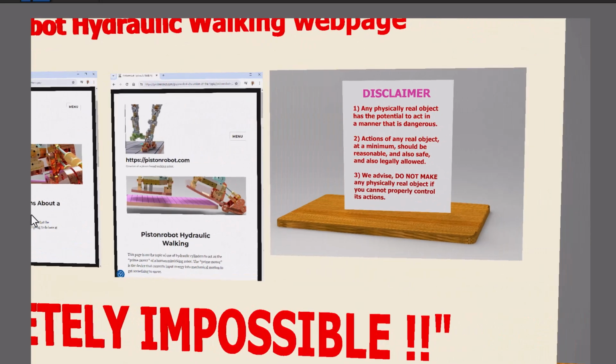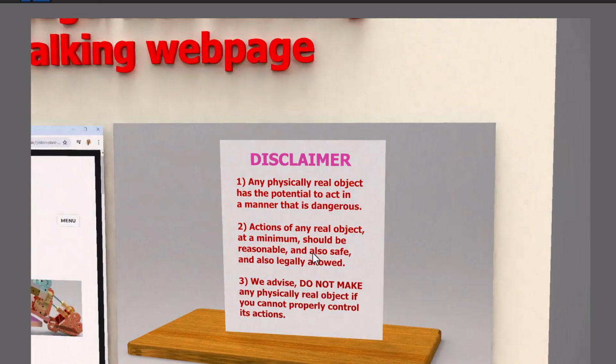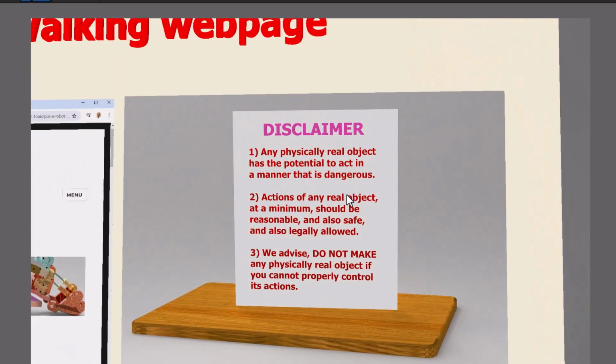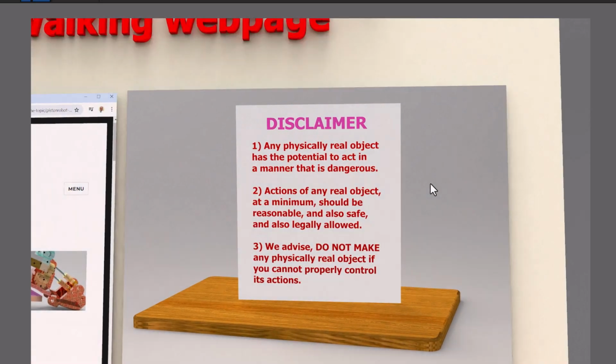And of course, the other thing I like to always try to remember to talk about: anything that's physically real has a chance that it could hurt somebody. And if you're going to be managing a physically real item, it is my advice that you manage it in a manner that is legally allowed and reasonable and safe.